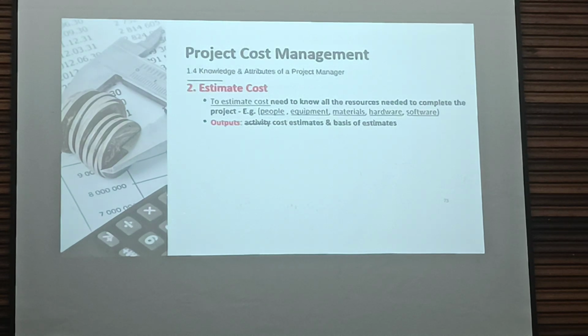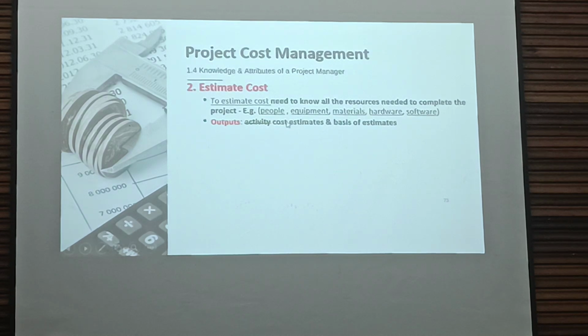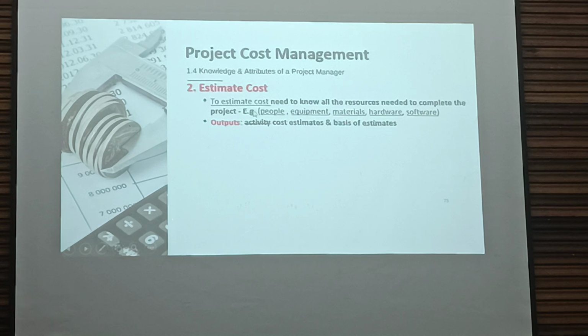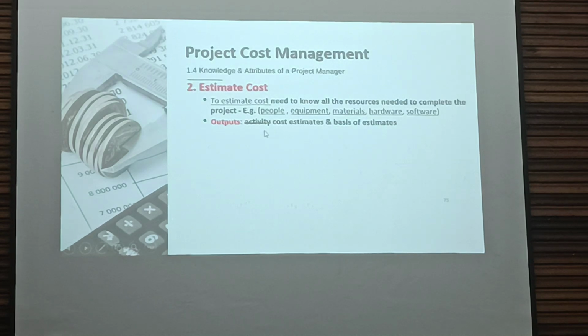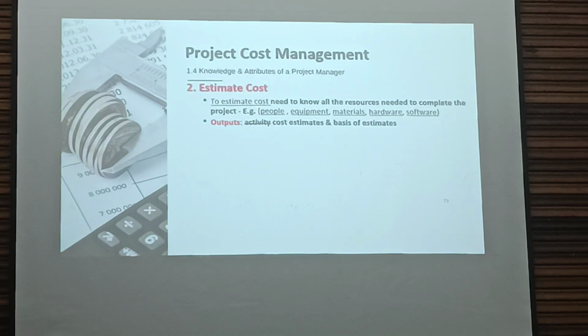To estimate cost correctly, you need to know what people are needed, how many of them, any specialized equipment needed to do the project, materials, hardware, software. The output is cost estimate and basis of estimate.